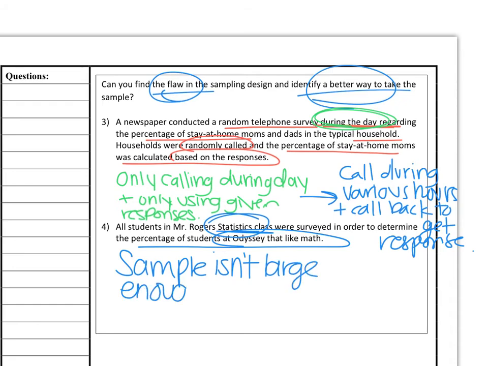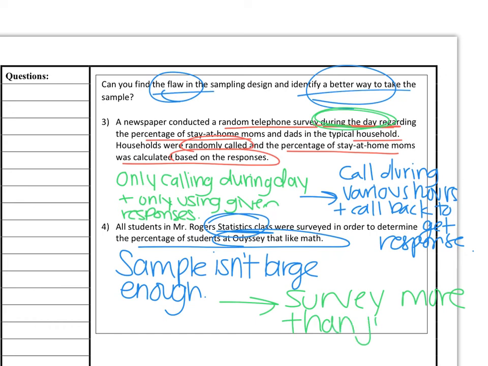Right? If you ask some 7th graders in, I don't know, somebody else's class, if they like math, they might say yes, they might say no. So we got to get a larger sample. So the way to fix this is to survey more than just the stats class.